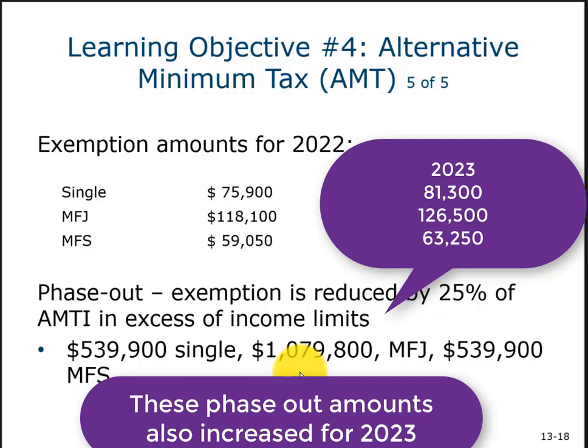So this is not going to impact people with hundreds of thousands of dollars, maybe even millions of dollars of income, because they're already paying a higher rate of tax, even if they have some significant deductions. It is not going to lower their AMT low enough so that they get a benefit from the regular tax situation.